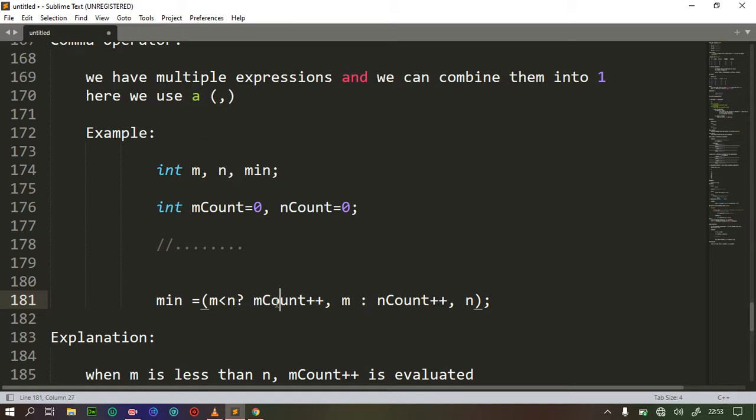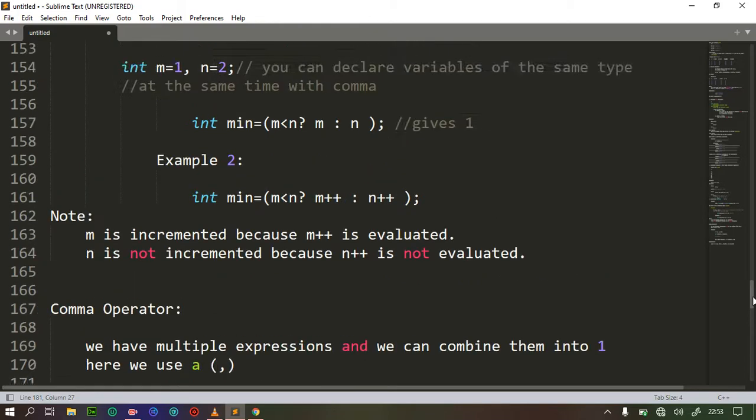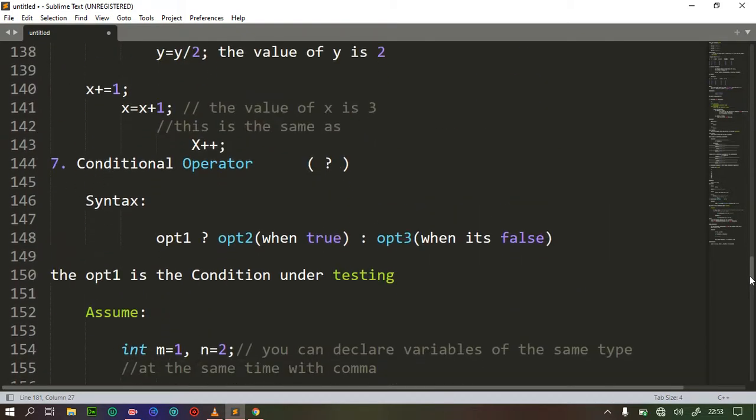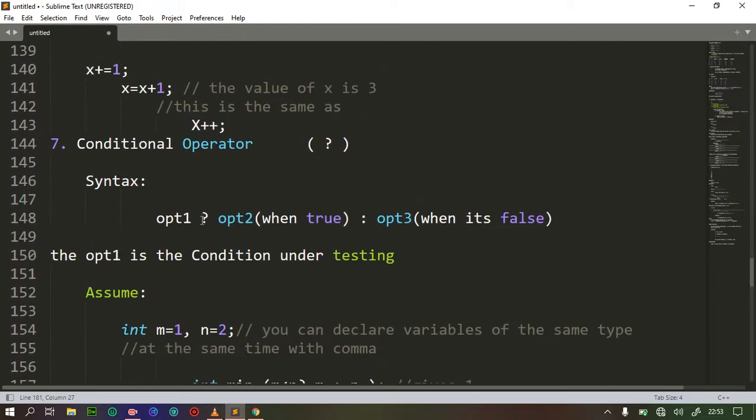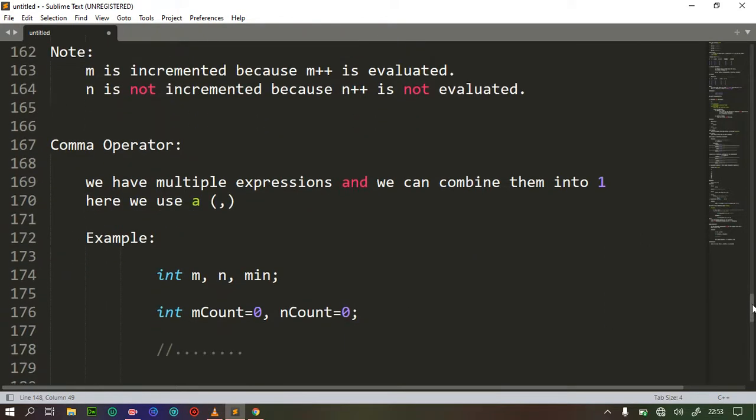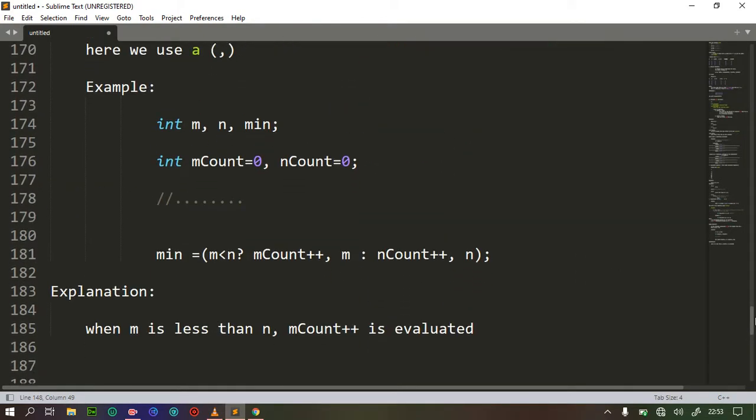I'm picking the same concept from the syntax that we had here. If this testing is true, then we opt for this. Otherwise, if it's false, then we opt for that. So it's exactly what is happening here, but the only difference is that here we are using a comma operator to combine a number of expressions. I'm combining this in one part and this in the other part.